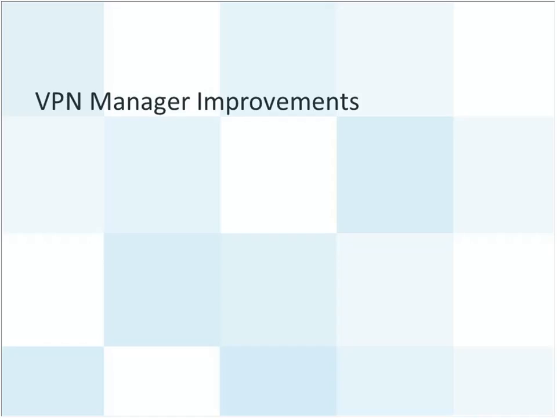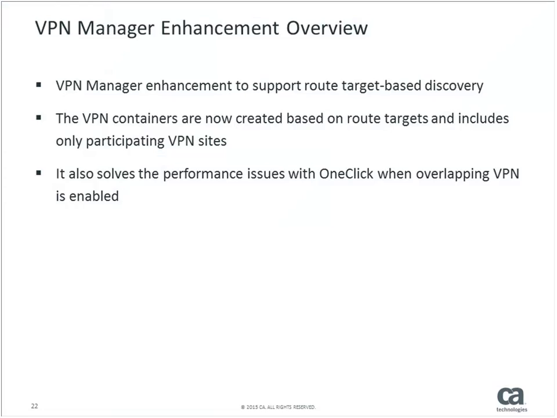So with that, I'm going to move to the next couple of things that we had in 10.1.1. I won't spend too much time on this, but one of the things that we have been focusing on, working with a few customers, predominantly in Europe, is how do we tighten up some of our capabilities with the VPN manager? There are a different set of deployments that customers are going after that the VPN manager solution in the past with Spectrum did not support.